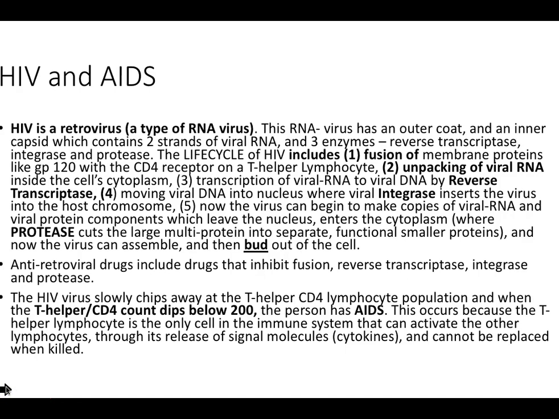Because we covered this in lecture, I'm not going to spend a whole lot of time on it. We talked about the life cycle: the binding of the virus to the CD4 receptor, the fusion into the CD4 cell, the unpacking of the RNA, the transcription to DNA by reverse transcriptase, and integrase taking that viral DNA and incorporating it into the chromosome, then starting to slowly replicate, and the protease being involved in the maturation and the coming together of the virus.